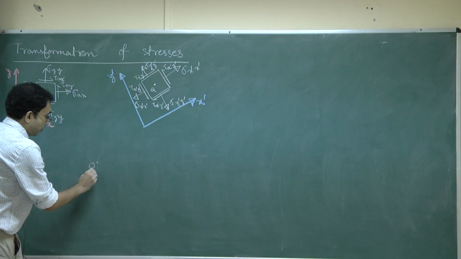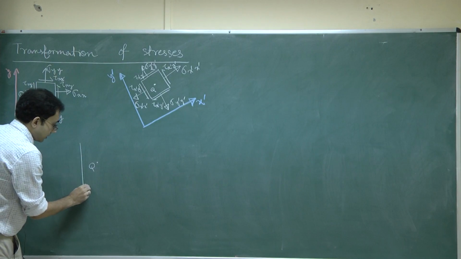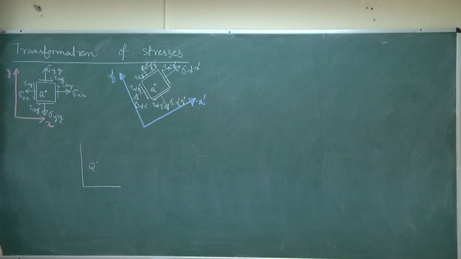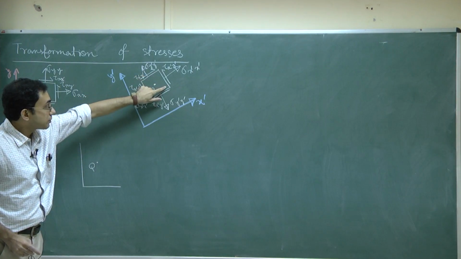So, this is just the point Q. We are just doing a little clever arrangement like this. So, this vertical edge is very much like this vertical edge that is parallel to the y direction. This horizontal edge is very much like this horizontal edge which is parallel to the x direction, but here I am choosing not to complete this square. Rather, to complete this diagram, I will take an edge which is parallel to this edge.